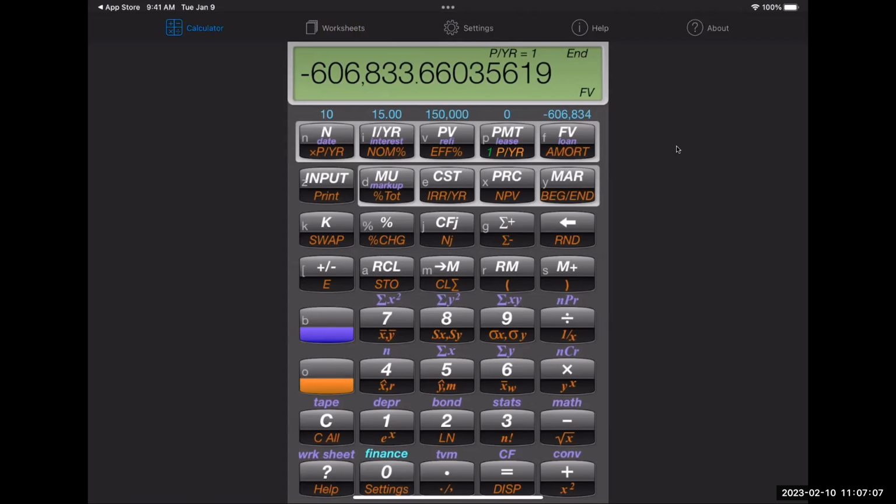There must be some setting. It must be P/YR. So what you have to do is check P/YR. Hit the orange key and P/YR. No, that didn't work. Oh, maybe here. Second P/YR. It must be the P/YR. It might be compounding.